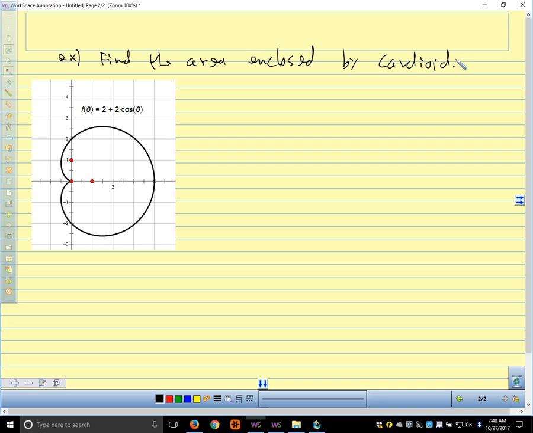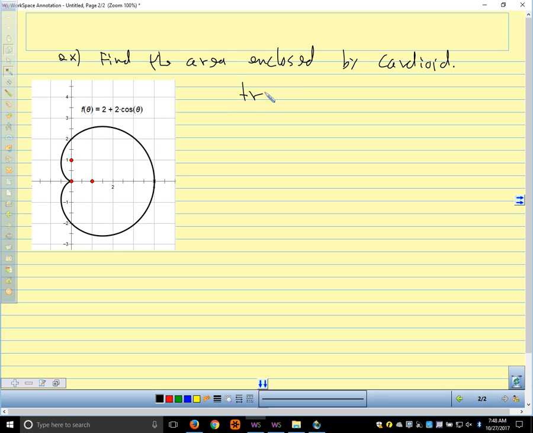Or we could say, in this case, r equals 0 when 2 plus 2 cosine theta equals 0. If you set that equation equal to 0, you get that the radius is 0 at 0 and 2 pi.